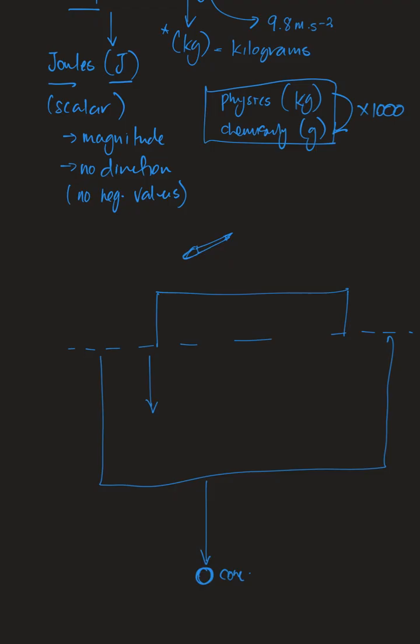When I'm talking about the potential for something to happen, I could take this pen here and throw it upwards. If it gets thrown upwards, let's say the frame of reference is this desk here, it will gain potential energy.